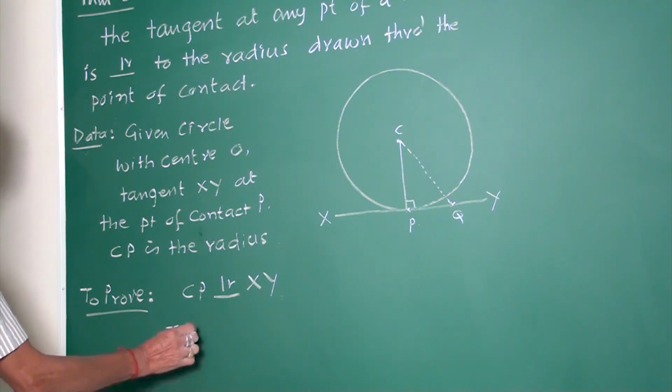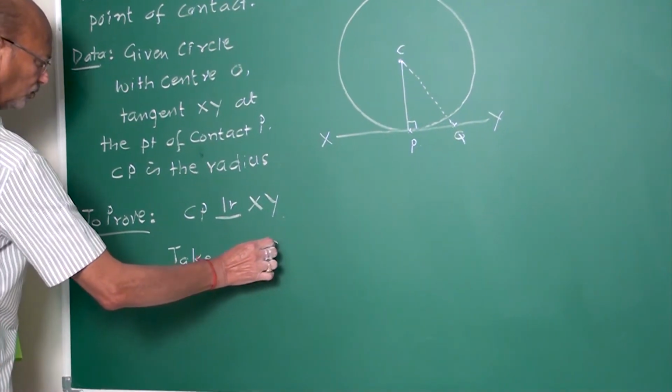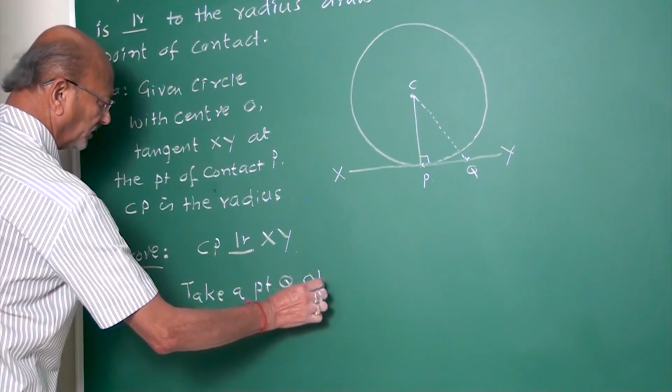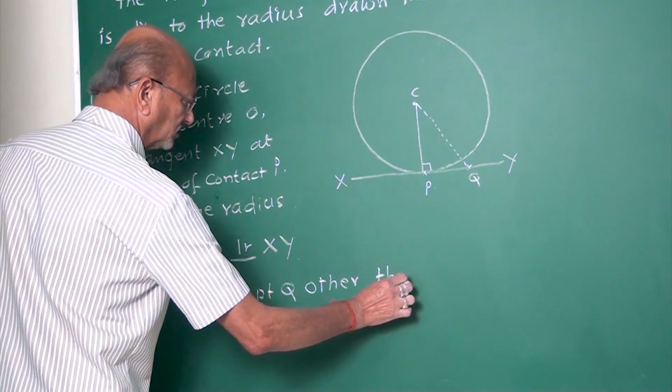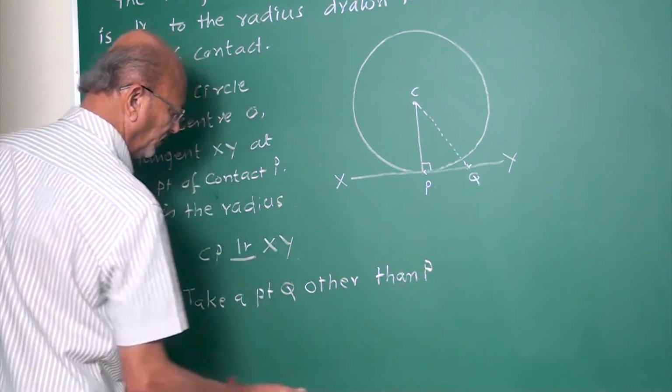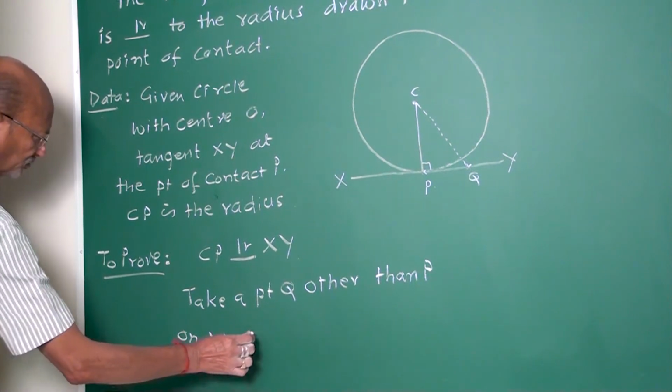Construction: take a point Q other than P on XY.